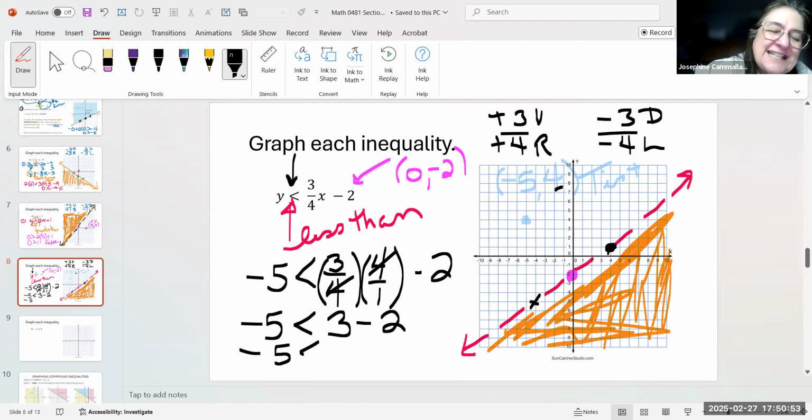Look at this. This is false, which means the orange area that I shaded was correct. See, it's not that hard. If you understand the 4 steps that I gave you, and we've been practicing, makes life really easy.